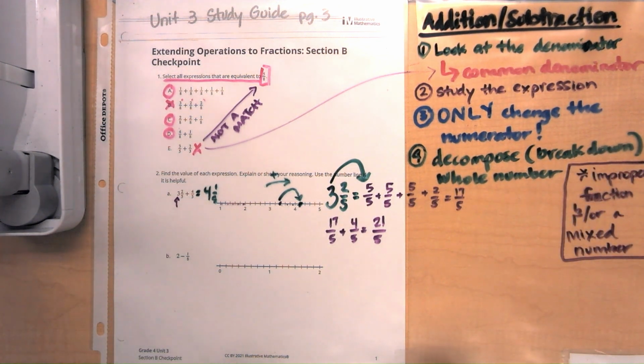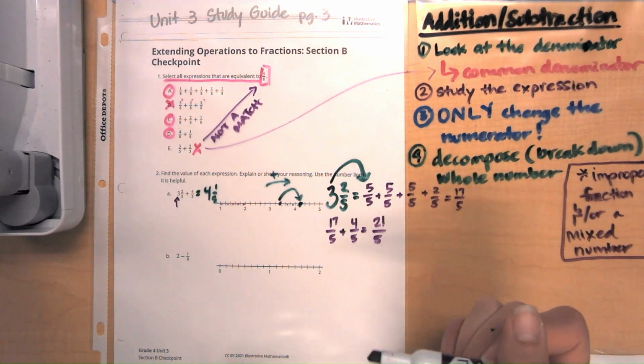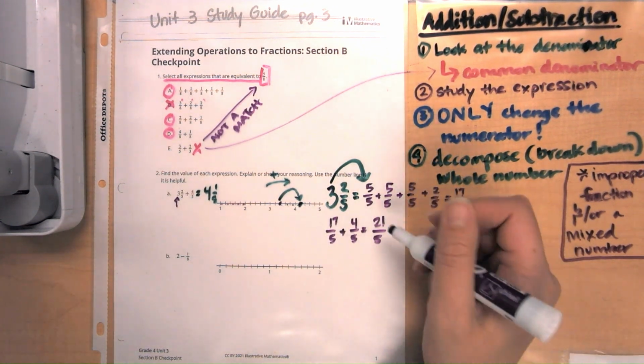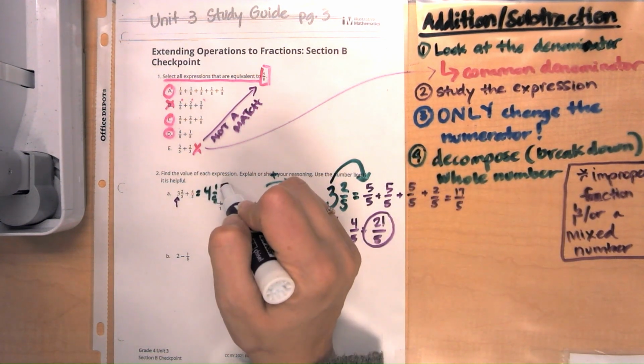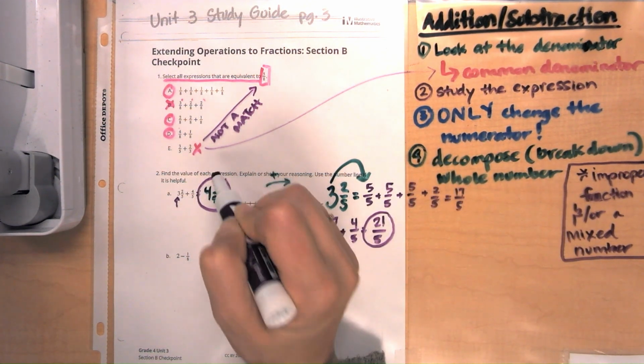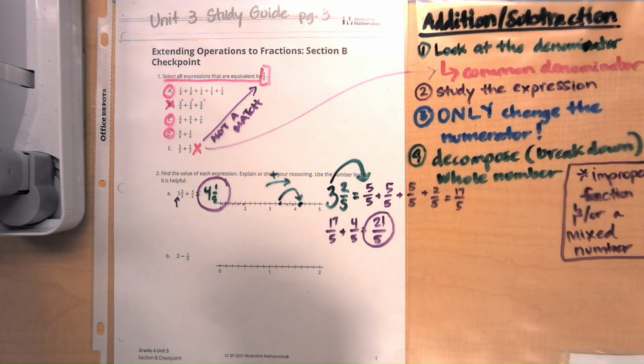Either of these answers are accepted all the time. So if you like, and we've talked about this in class, how does your brain think best? Does your brain think in an improper fraction, and that's how you like to work out problems? Or does your brain think in a mixed number, and that's how you like to work out problems? Whatever your brain likes is what my brain likes, and I'm here for both, so that's completely fine.